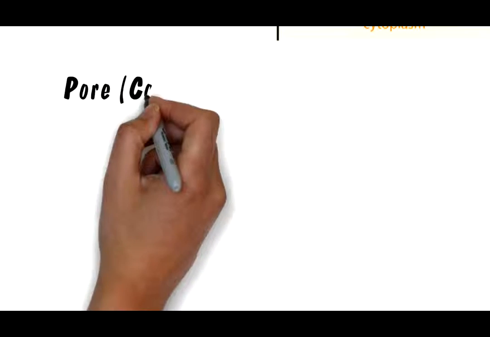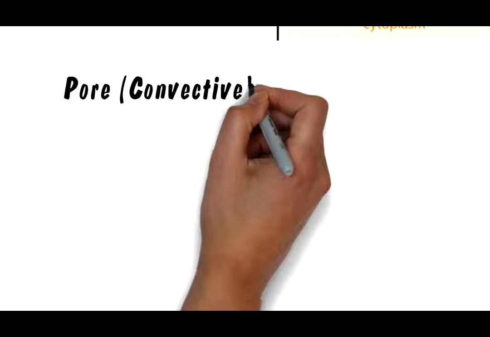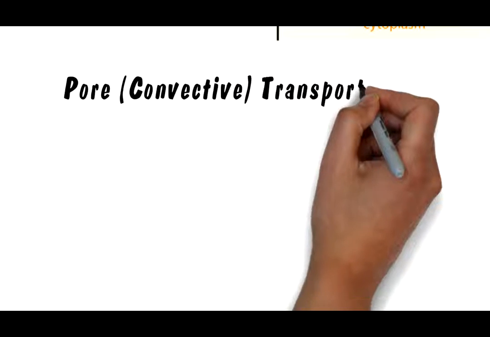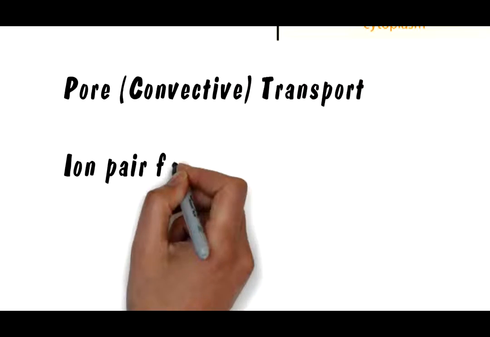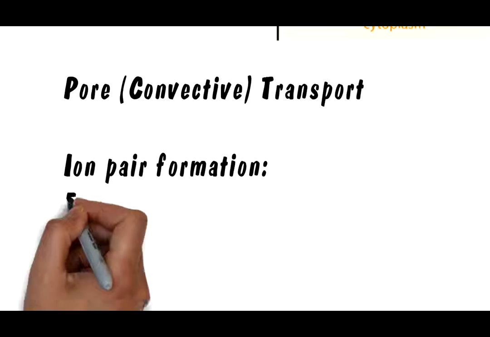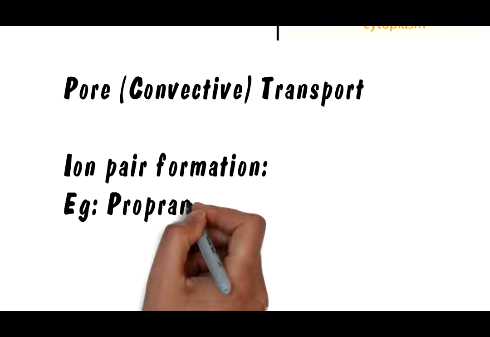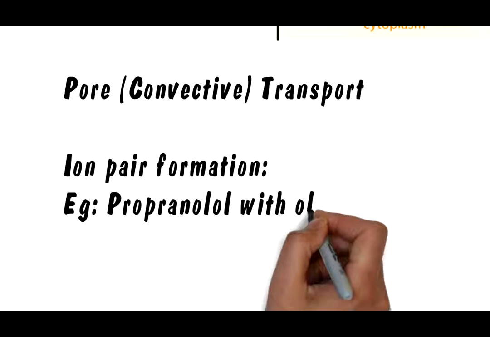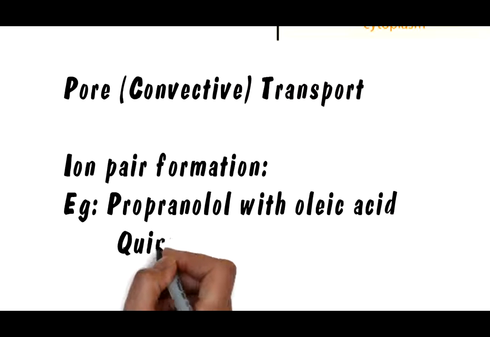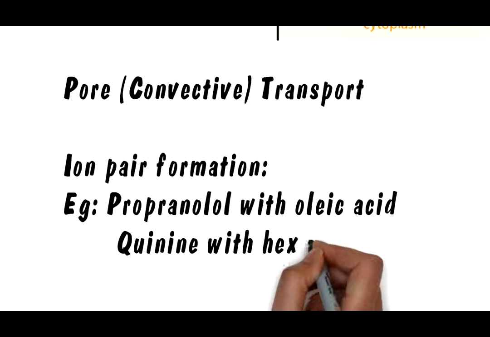The other kind of transport is ion pair formation. Few strong electrolytes get ionized at any pH level, and when they get ionized, there is a decrease in drug absorption.